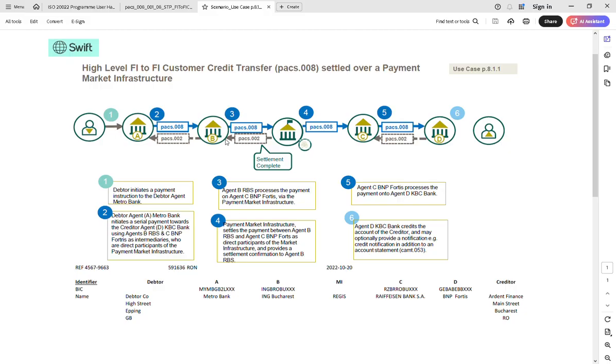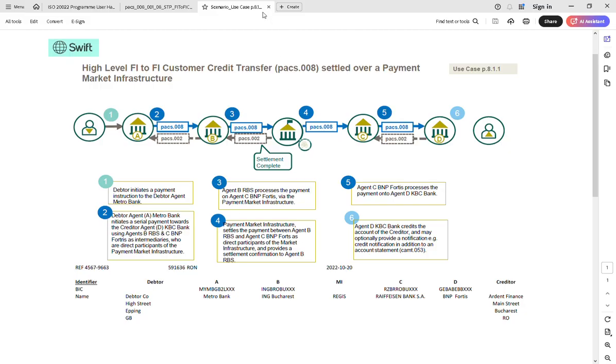Between A and B, this is the first payment, initiated by the payment market infrastructure. Here the settlement method is instructing agent.